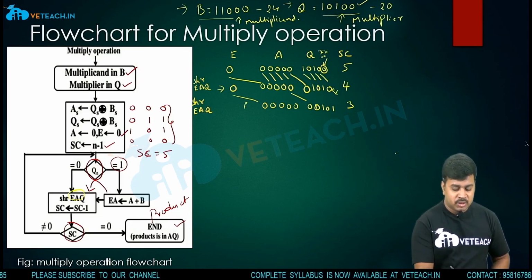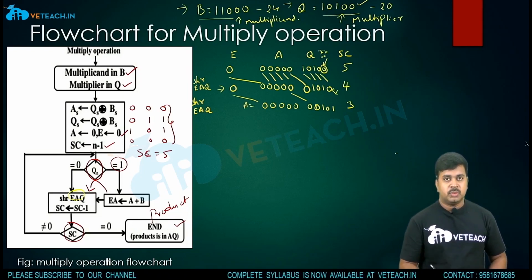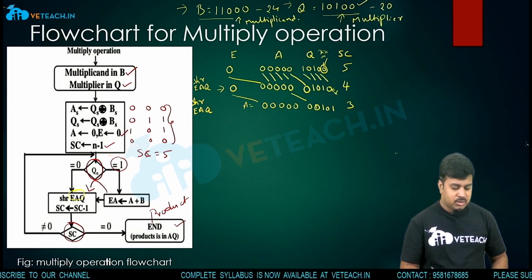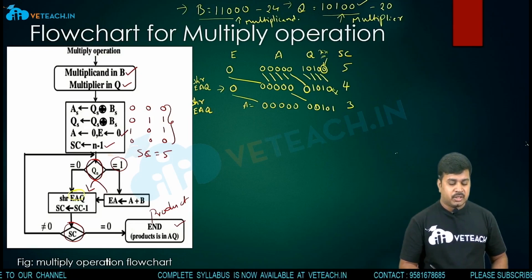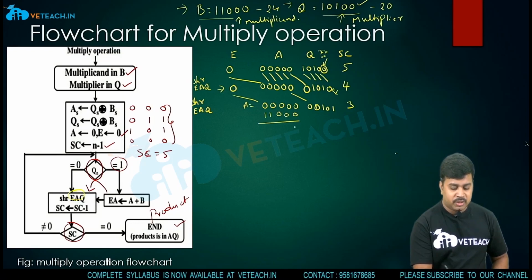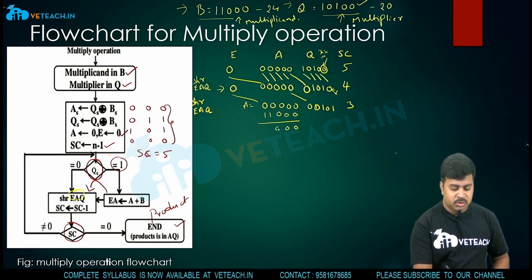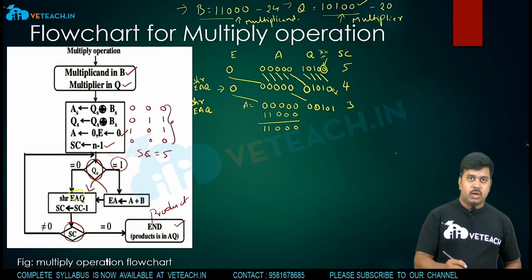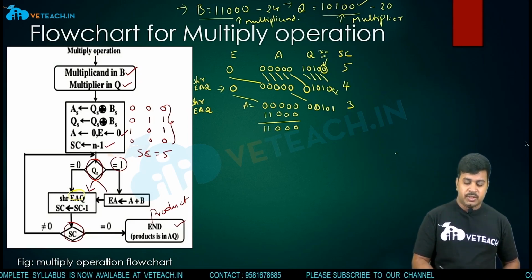So A is this value 00000, and A plus B means you have a multiplicand, that is 11000, which will be added, and the final result will be 00011. Okay, and then again you have to do shift right of EAQ.